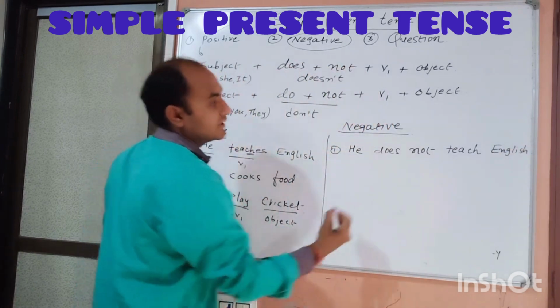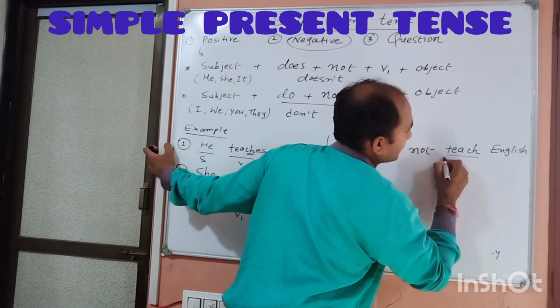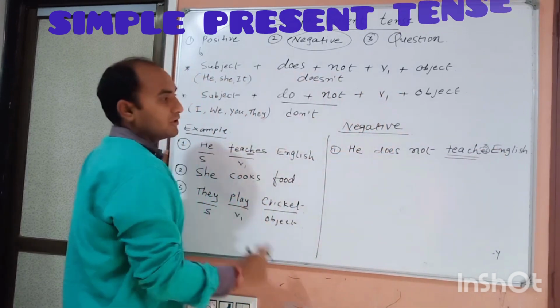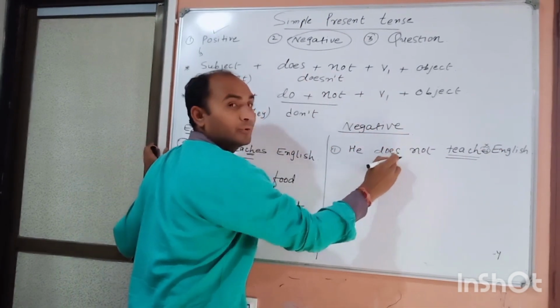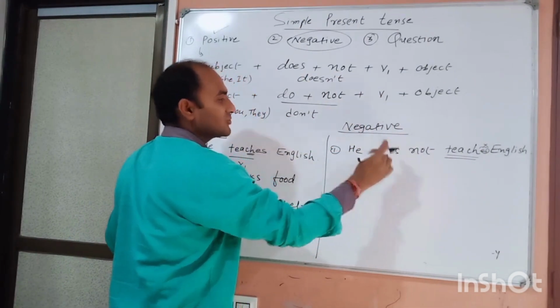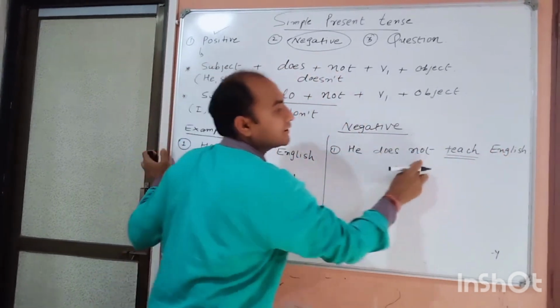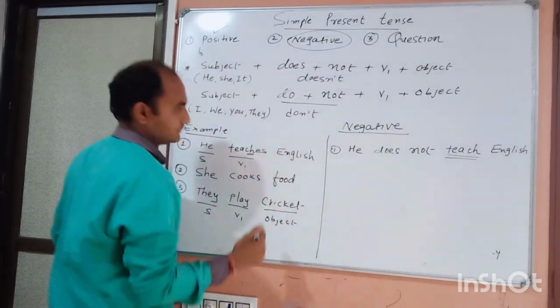Here you are observing that we are not using ES. Why? Because we have already put does here. That's why we have to remove it. He does not teach English.